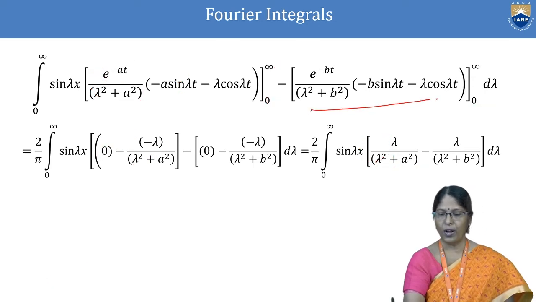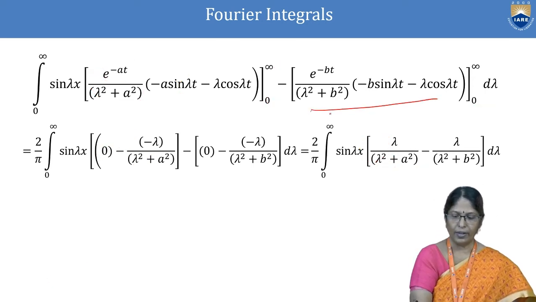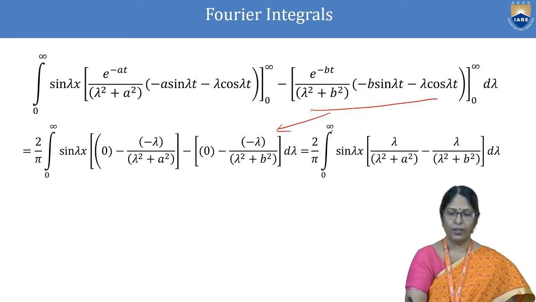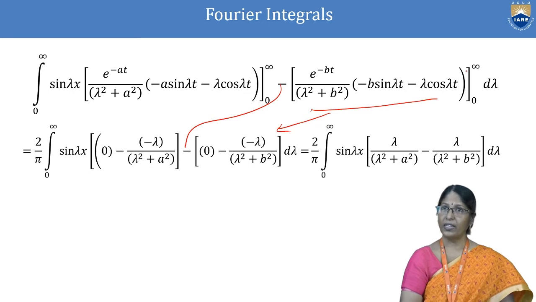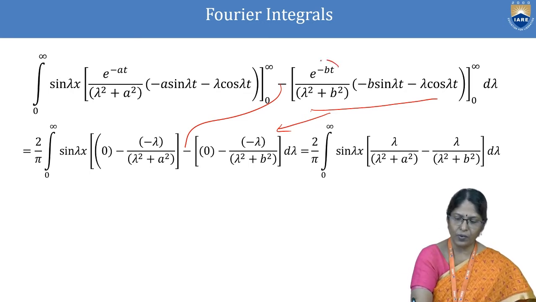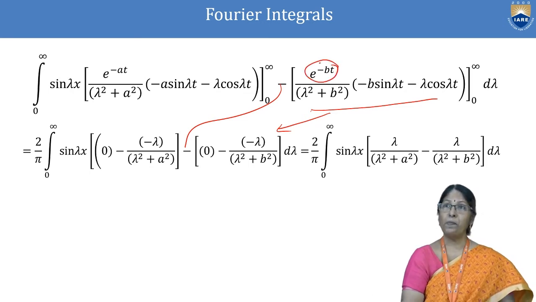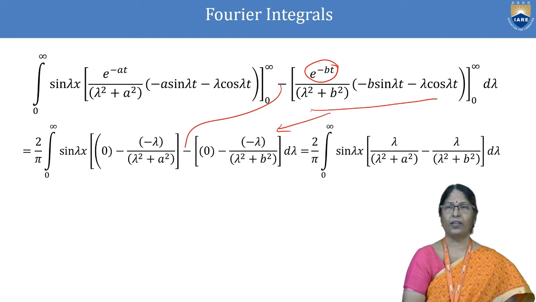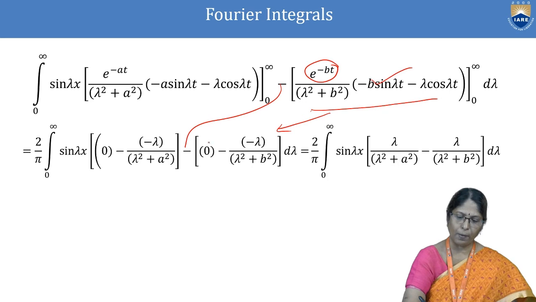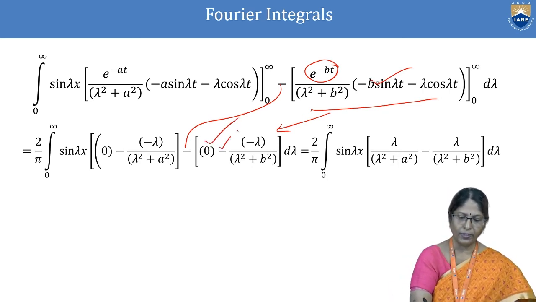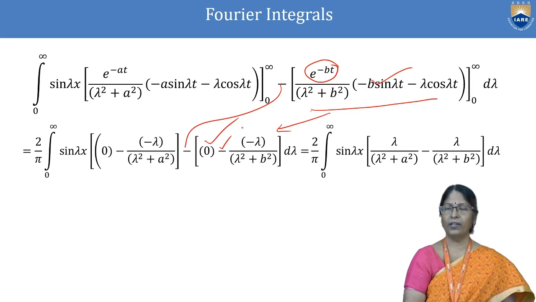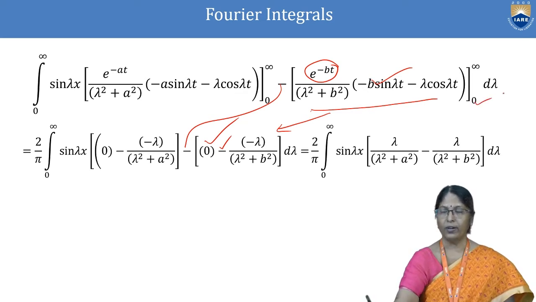Now the second one we will concentrate on, the same way. This minus is written as it is. The upper one is infinity, so here we are substituting e power minus infinity. It's nothing but 0. So the upper one has completely become 0, minus, that is the formula minus. The lower one is 0.